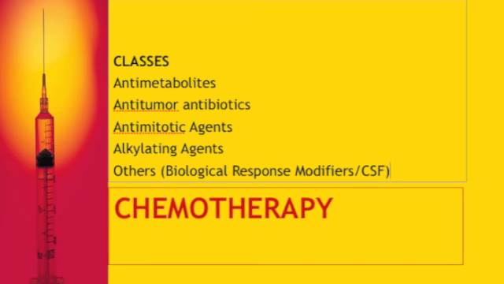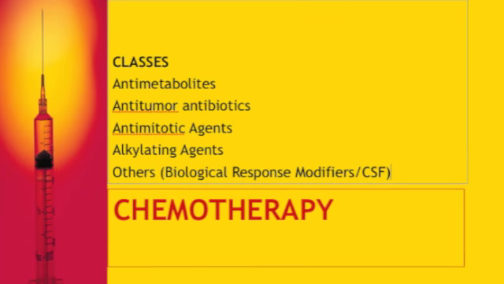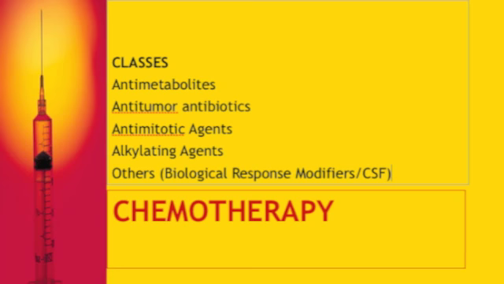And then we'll go into our colony stimulating factors that we discussed in 112, which would include erythropoietin and Neumega. And then we'll finish up with your final recording to tie it all together using the nursing process.